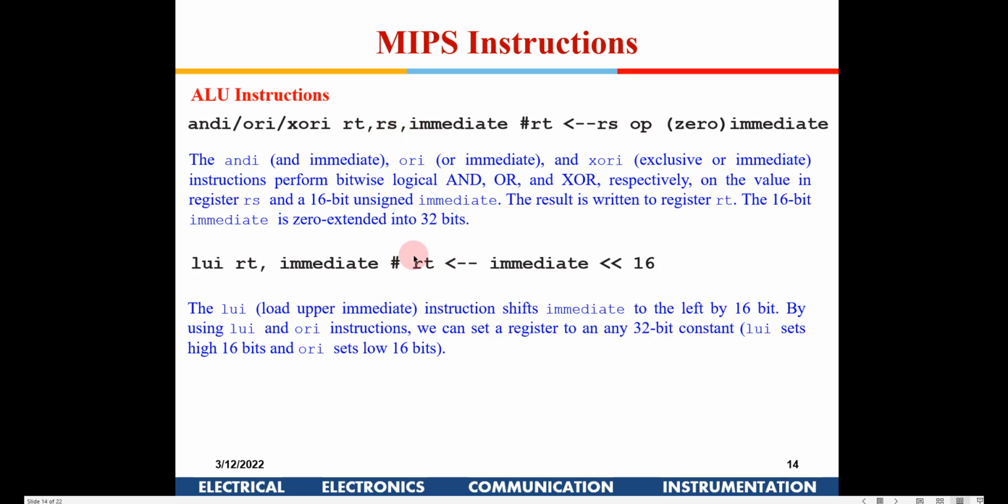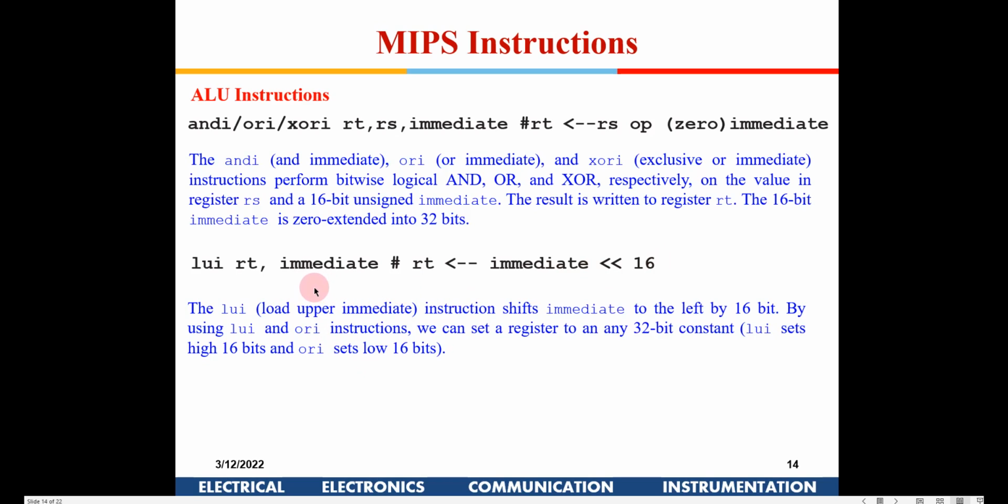Similarly, you have one more instruction known as LUI RT, that is load upper immediate. If we have to load some data into a register, we can only load the 16-bit data into bits 17 to 32.